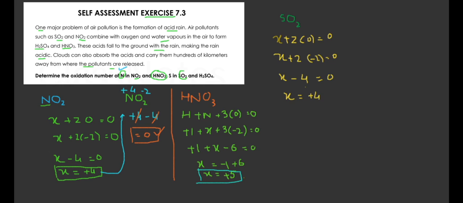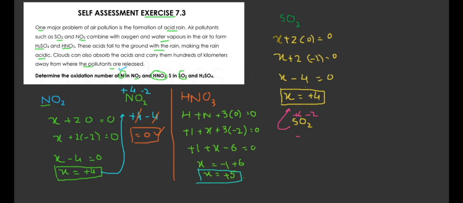Now what is this +4? This +4 is the oxidation state for the sulfur atom in sulfur dioxide. Now if you want to check, you can check it like this. You will write SO2. For oxygen the charge is -2, and for sulfur you have just found it out, that is +4.